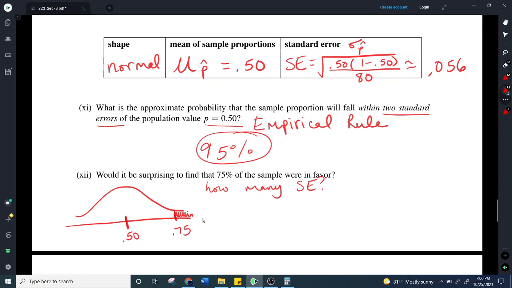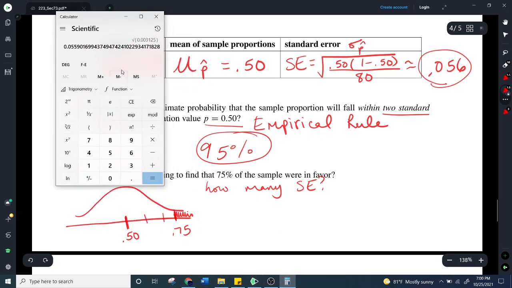Remember early in the course, we said anything outside of 2 standard errors was considered unusual. So what we need to do is figure out what these numbers are 1 and 2 standard errors above this mean of 50%. The way we're going to do that is to look at this number and add it to the mean of 50%.